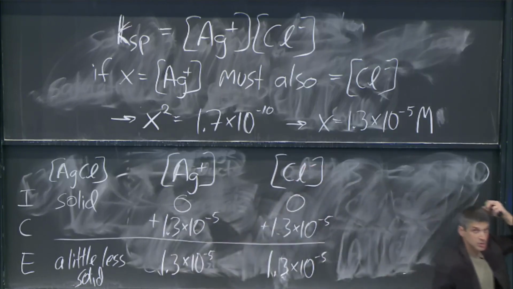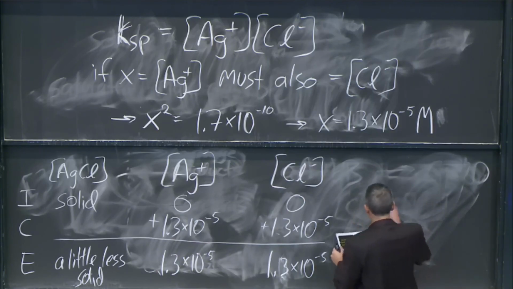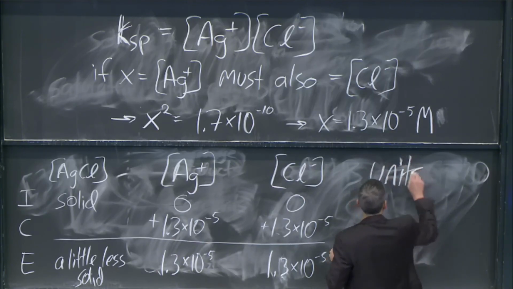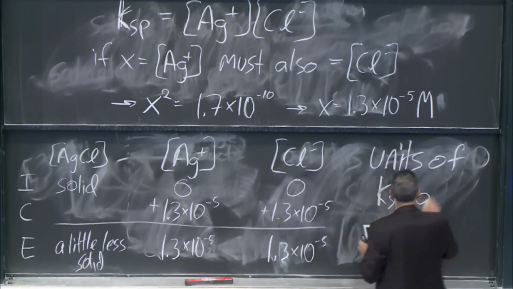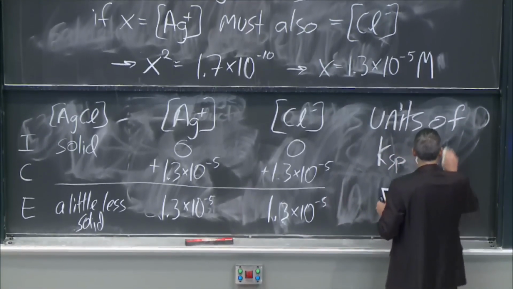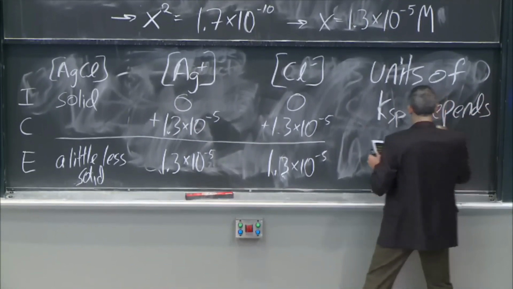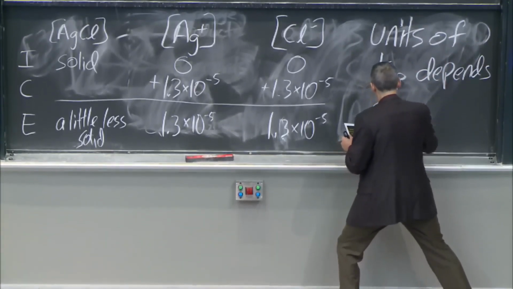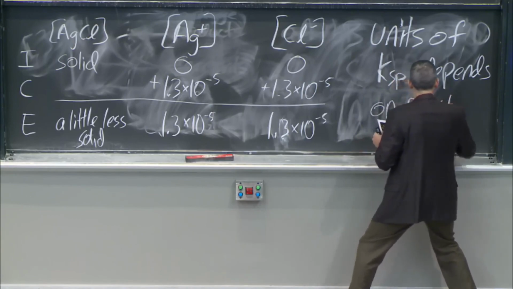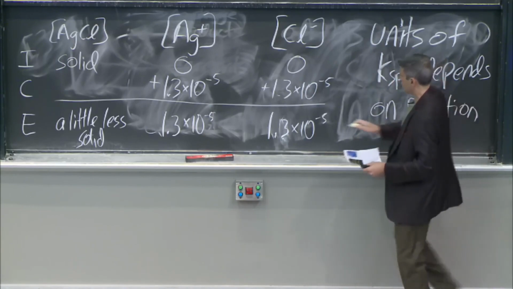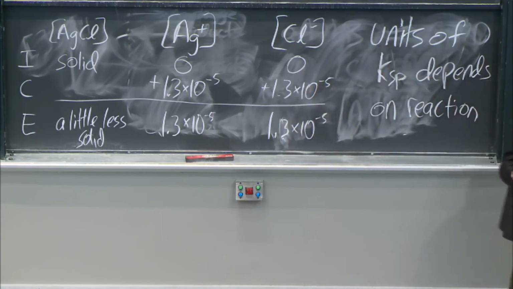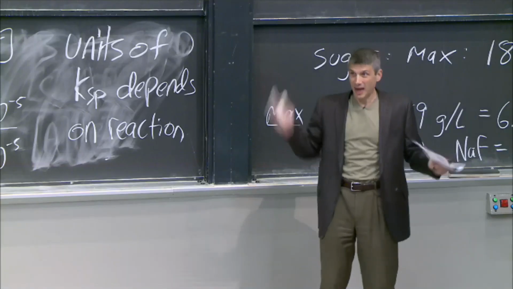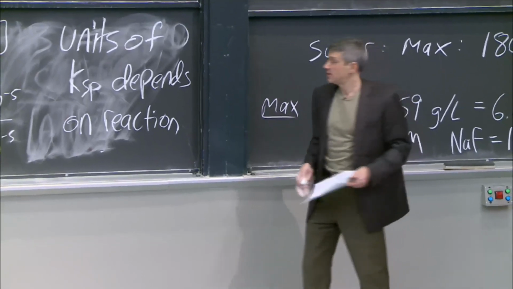Okay? And there's one last point I'm going to make today, and that is units, right? Units of K depend on the reaction, like the rate law. Look, a concentration is a concentration. Units are capital M, moles per liter, right?